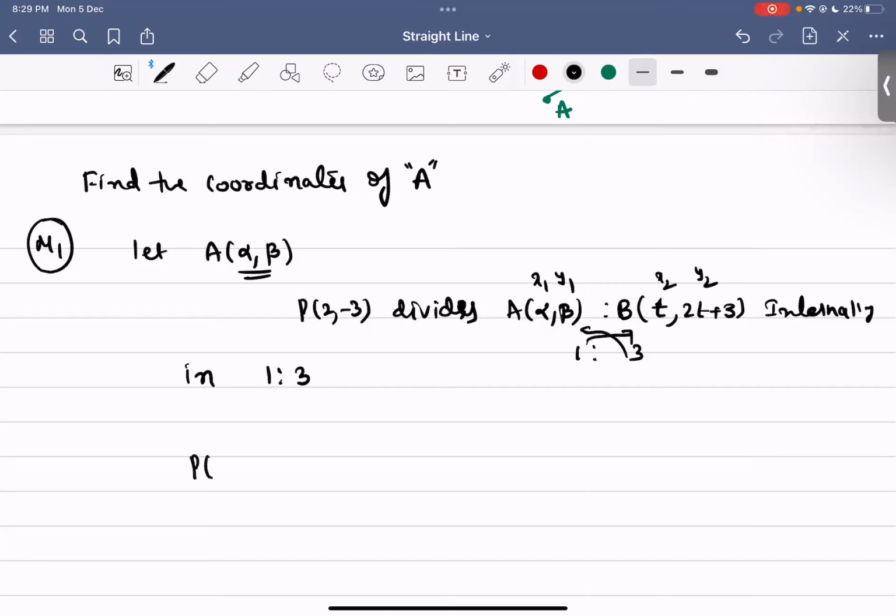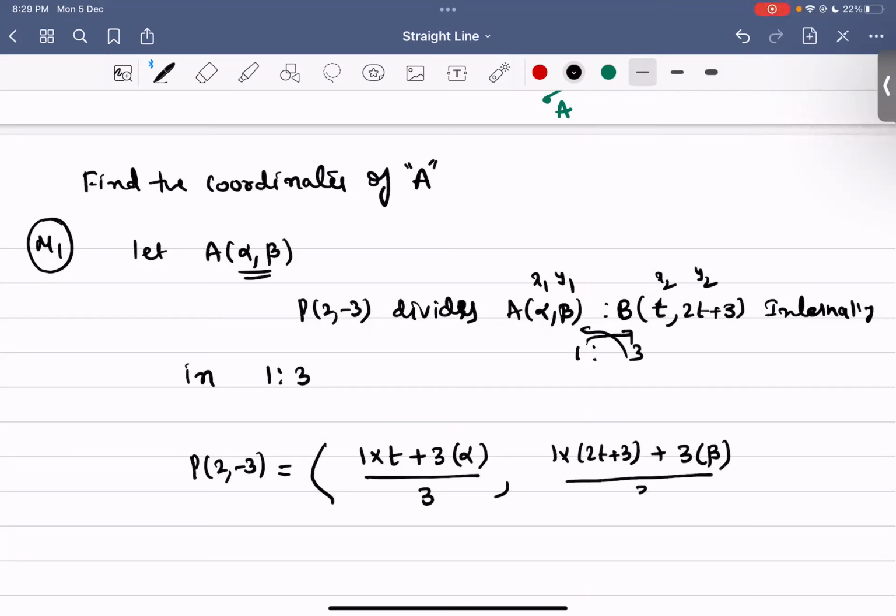Therefore (2, -3) is equal to (mx2 plus nx1) by (m plus n). m is 1, x2 is t, n is 3, x1 is alpha, m plus n is 4. Next, y2 is 2t plus 3, my2 plus ny1, n is 3 into y1, which is beta, by m plus n. Sorry, here 4. So 1 plus 3 is 4.